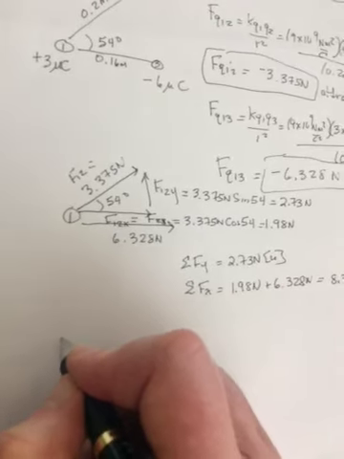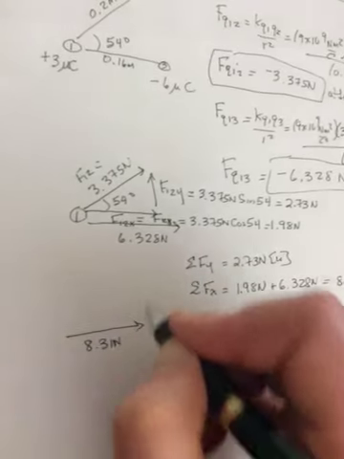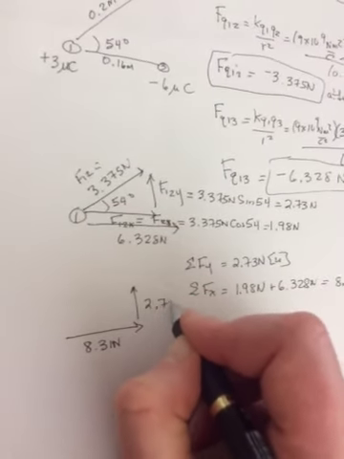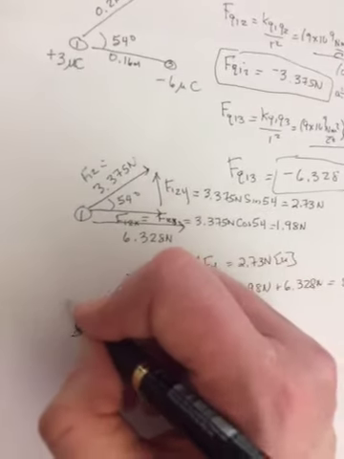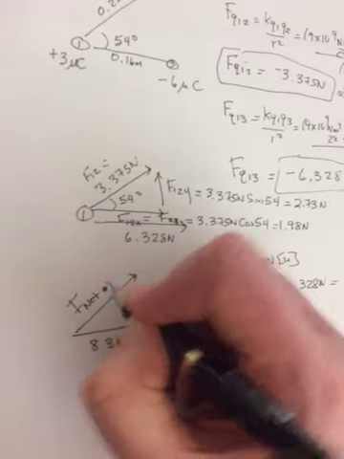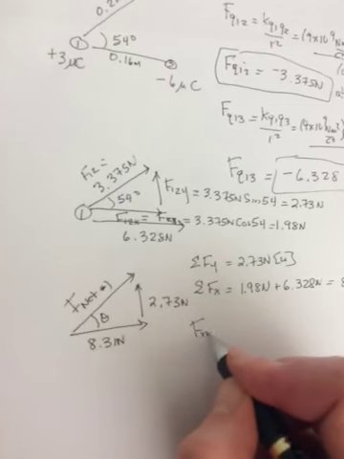And so then you draw it. So to the right, we have a rather big 8.31 newtons with your decimals in your calculator. 2.73 newtons, and then in the end, this is the force F net on number 1. So you're going to square them, add them, take the square root, and find the angle.